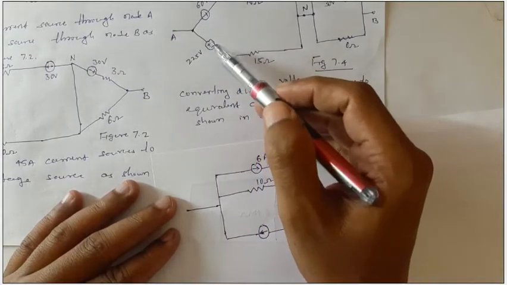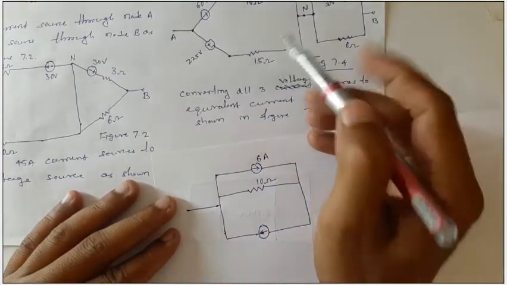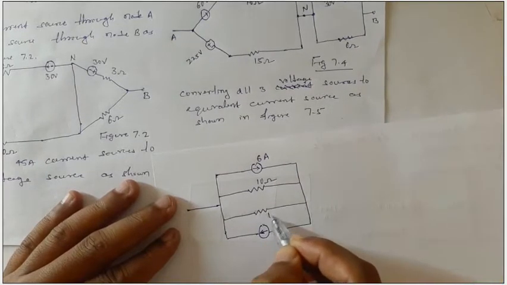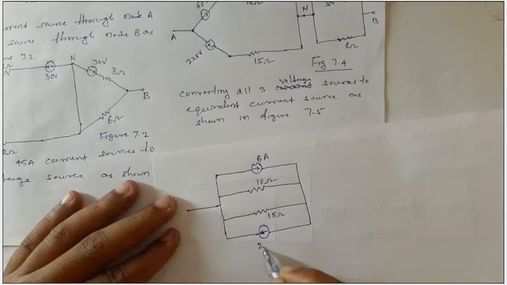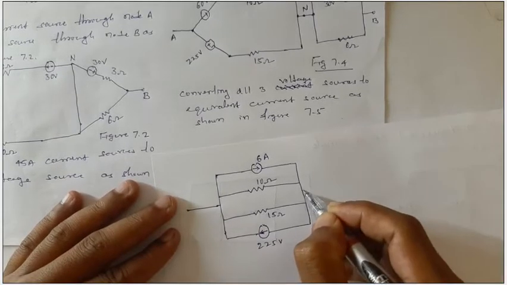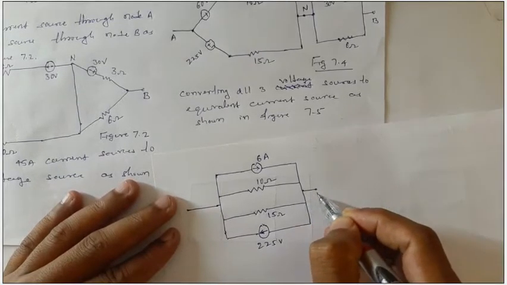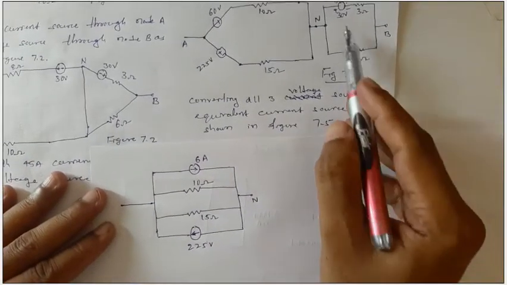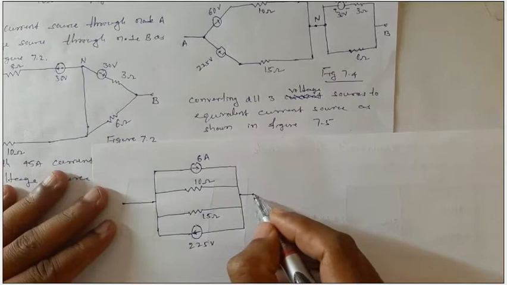And here this 15 ohm resistor will be in parallel. So this is 225 volts and this is node N, right? And dear students, we will convert this voltage source also to an equivalent current source.